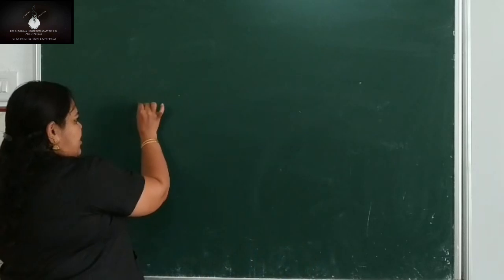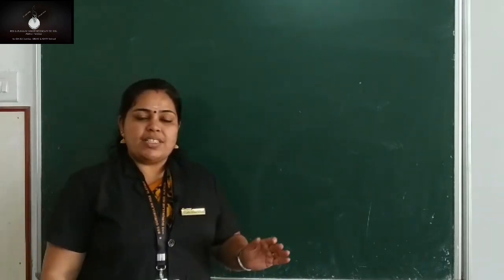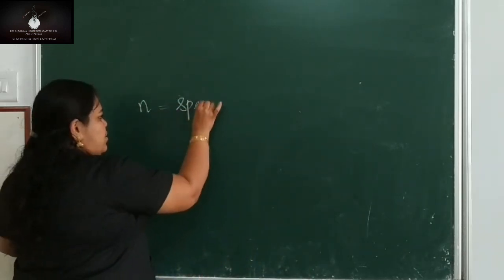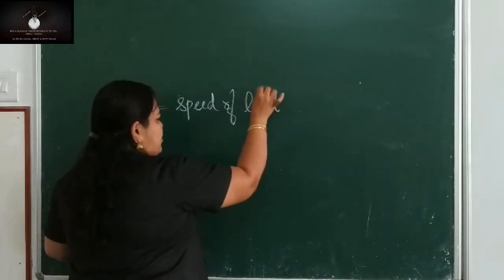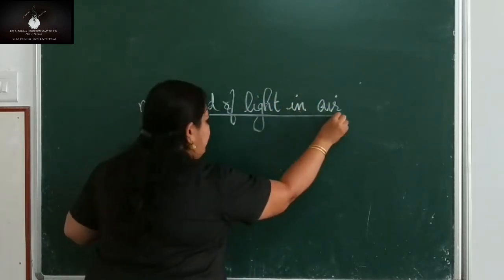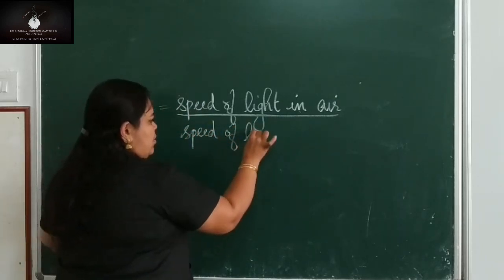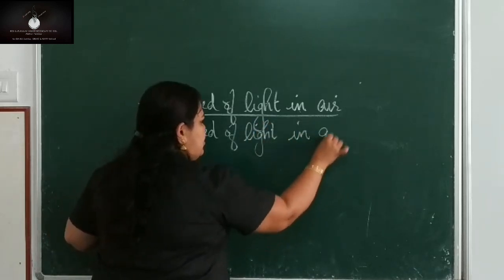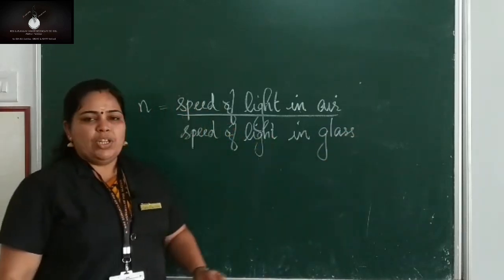So n is equal to speed of light in air divided by speed of light in glass.